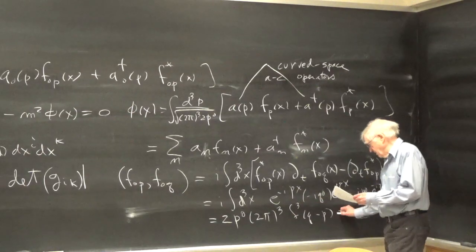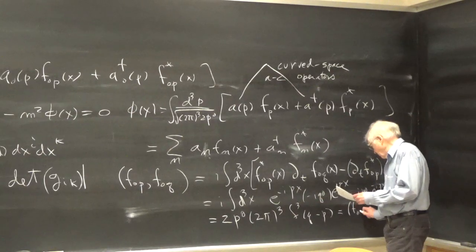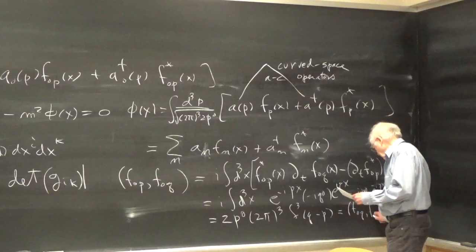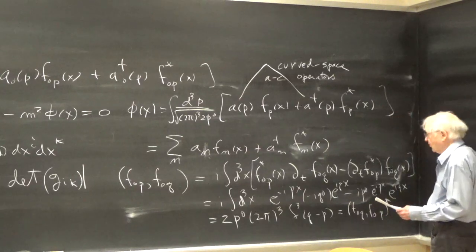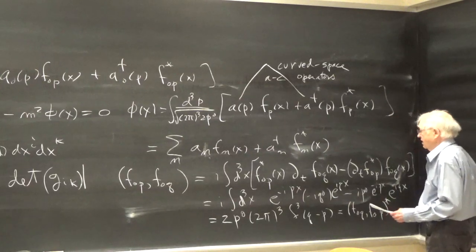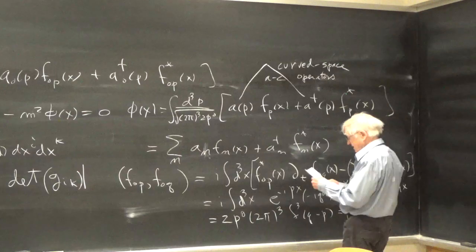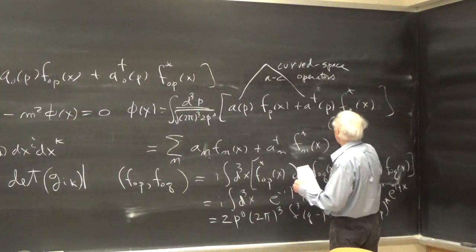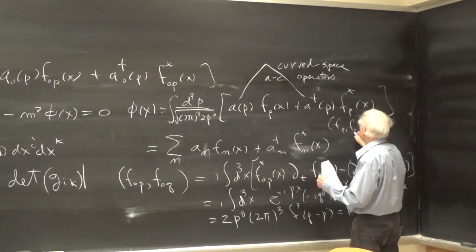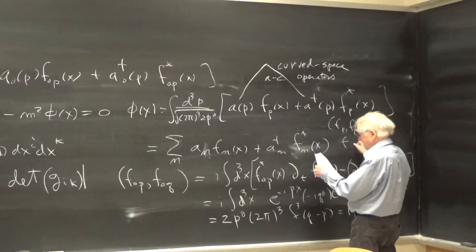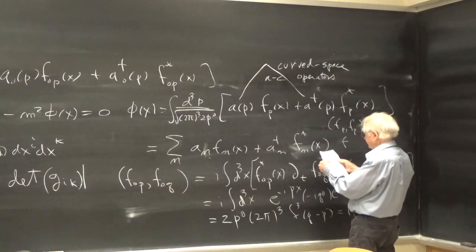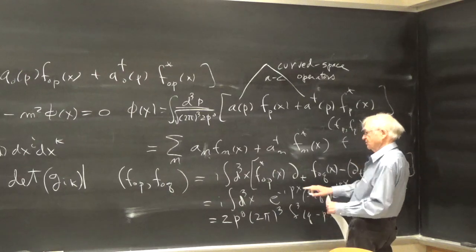And notice that this is then f0q, f0p complex conjugate. So that's a nice property of that inner product. Another property is that the inner product of fp with fq is 0. Wait a minute, that's what I just computed.